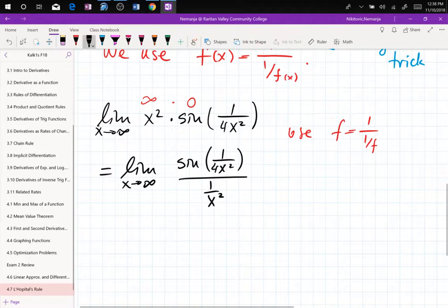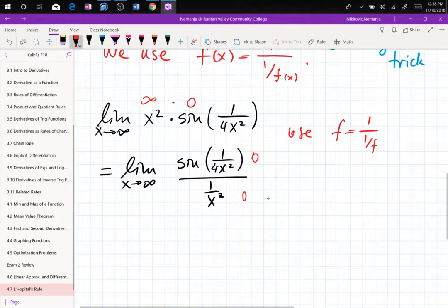Now you test again. Plug in infinity. What do you have on top? 1 over infinity is 0, sine of 0 is 0. And what do you have at the bottom? 1 over infinity, which is also 0. Yay! Using this algebraic trick, I was able to transform the problem into 0 over 0.